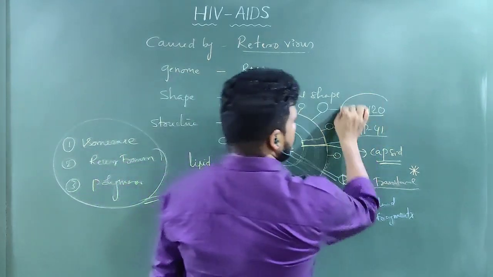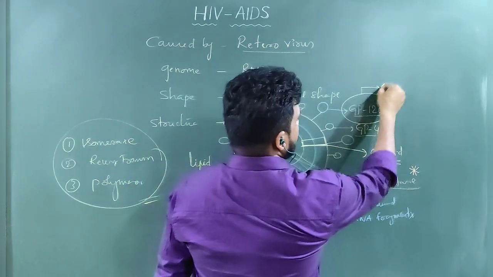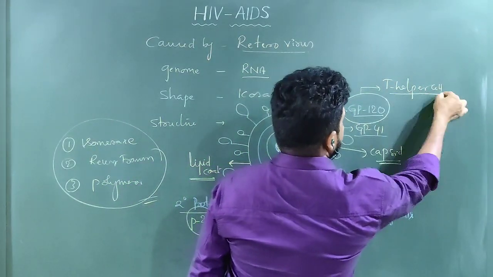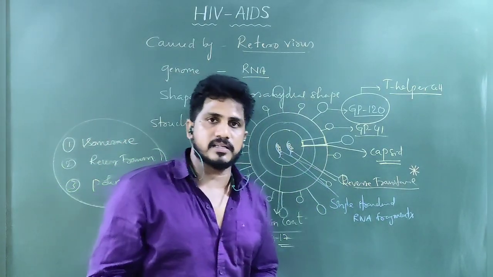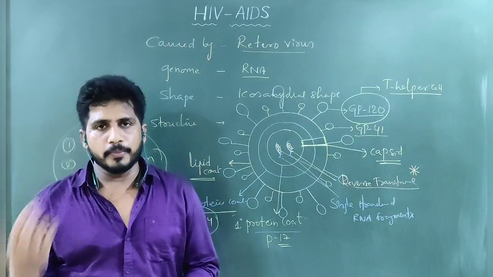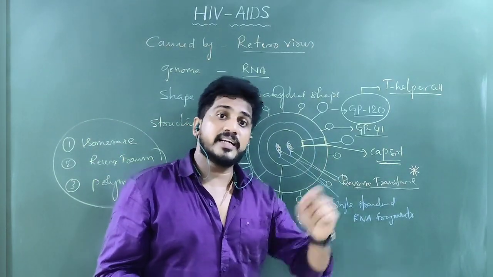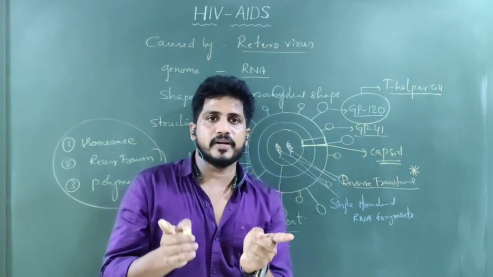Mainly these GP120 receptors are very dangerous. They mainly target our T helper cells. Then the T helper cells' function becomes zero. The T helper cells' role is present in both humoral immunity, where B lymphocytes provide defense, and cell mediated immunity, where T lymphocytes provide immunity. The T helper cells' role is very important.